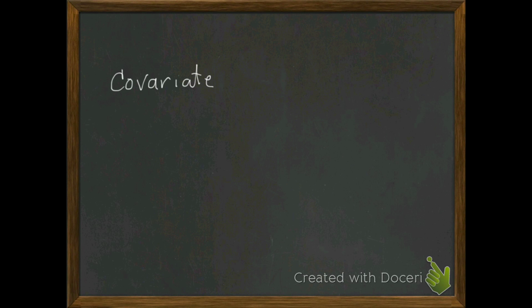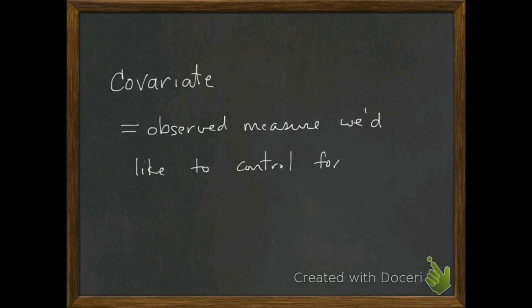And what I would want to do here in terms of a covariate is think of some observed measure, so we're not manipulating it, that we'd like to control for. Really, you're not really controlling for it, you're just adjusting for it, but controlling for is terminology that's going to come up quite a bit.